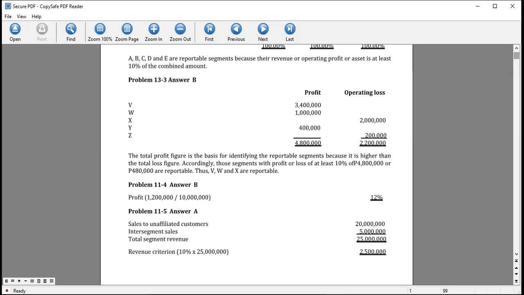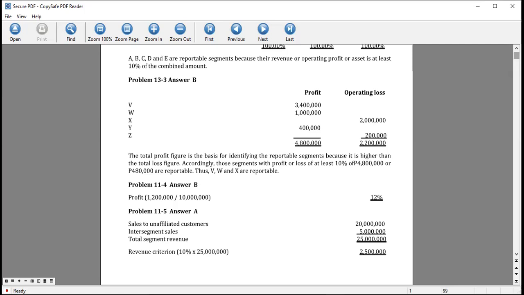480,000. Next, number 4, we have the requirement: which piece of information determines that the North American division is a reportable segment? Now, the profit is 1.2 million, 1.2 million divided by 10 million.